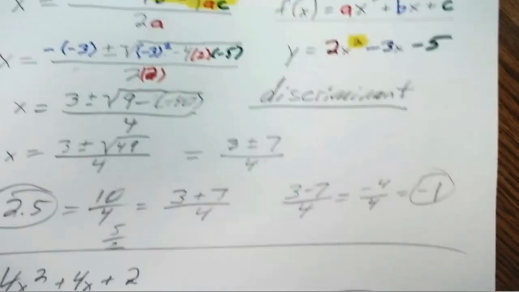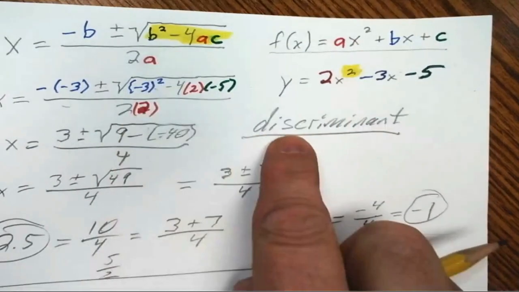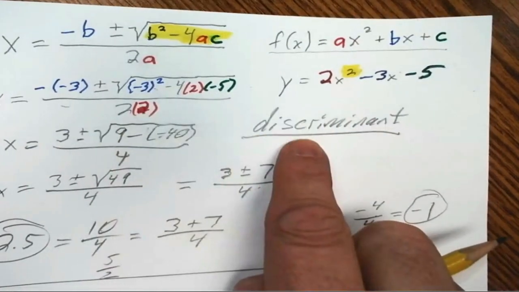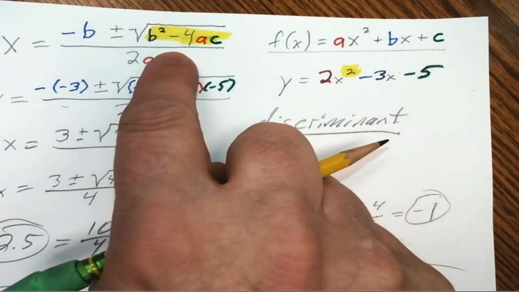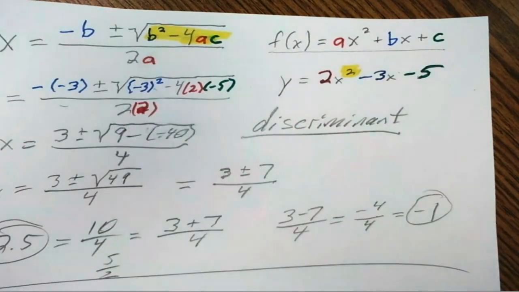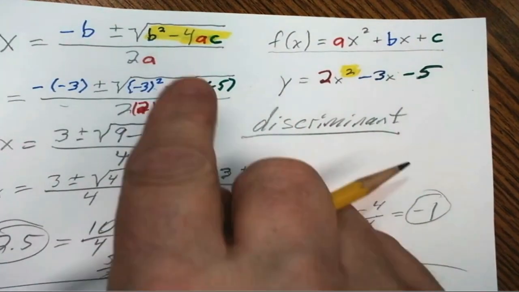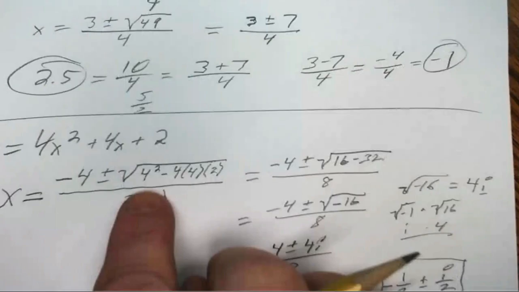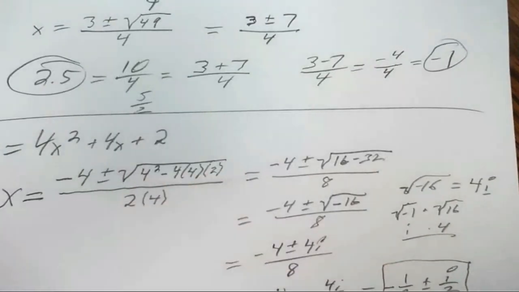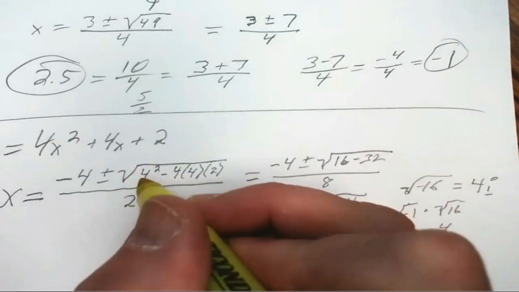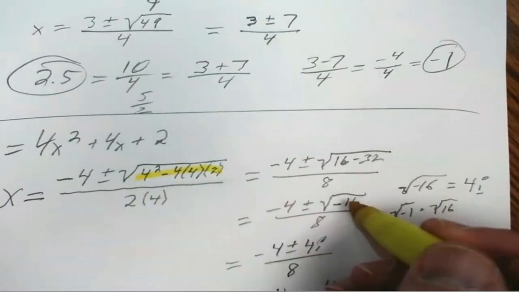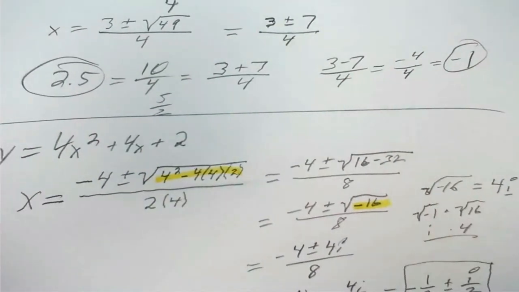Now, I talked about this discriminant up here. The discriminant will tell us one thing right away. If you're like, okay, so I have to graph it to figure out if it's an imaginary solution, no, you don't have to. You can use the discriminant right here. In this case, the discriminant ended up as a negative number.